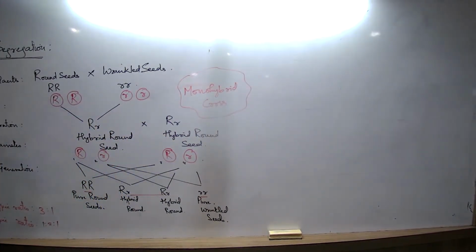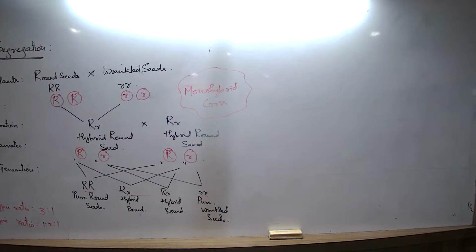Why monohybrid? Because we are studying the inheritance of only one character in generations. How many generations are we studying? 1, 2, 3. In 3 generations, we are studying only one character.